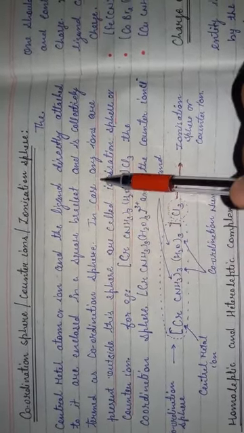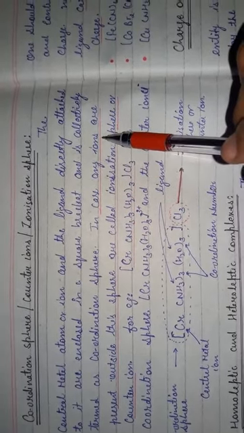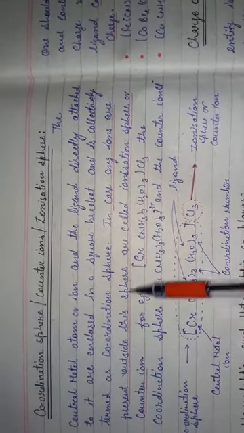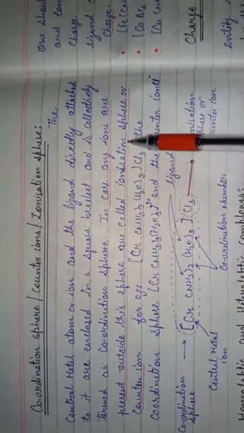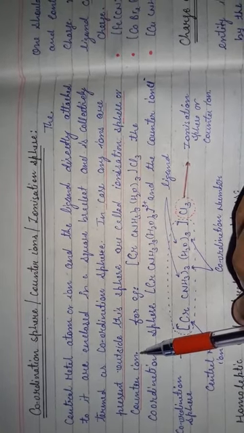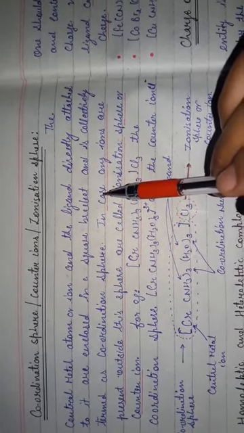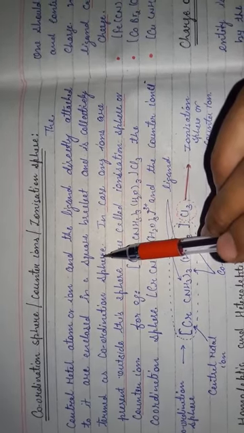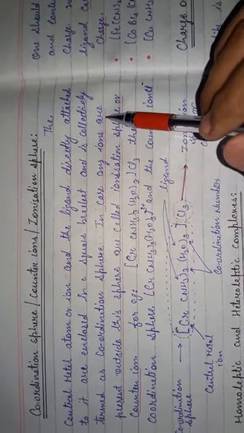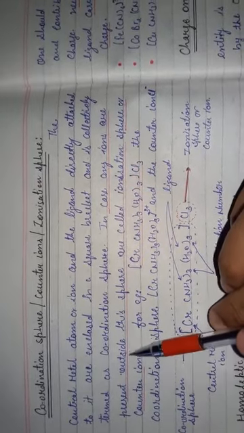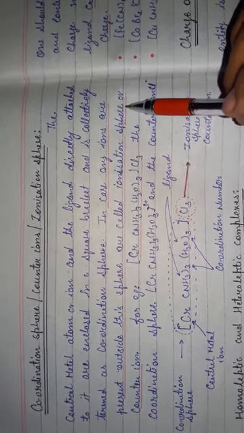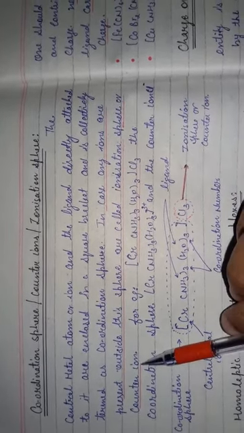But any ions present outside the sphere are called the ionization sphere or counter ions. I repeat, any ions present outside the sphere are called the ionization sphere or counter ions.